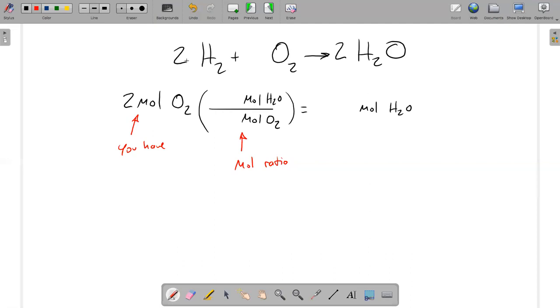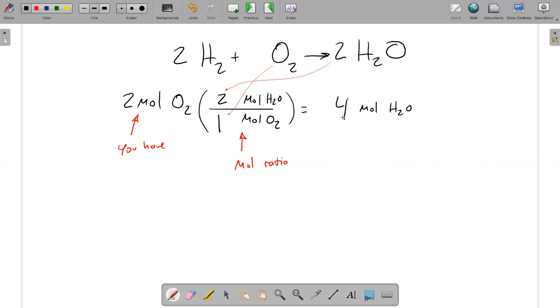We've got 1 oxygen and 2 waters, so it's 1 mole of oxygen in the denominator, 2 moles of water in the numerator. 2 times 2 is 4. So if you have 2 moles of oxygen, you can make 4 moles of water.